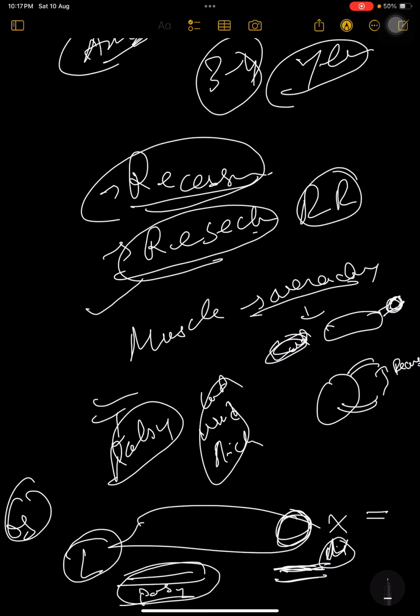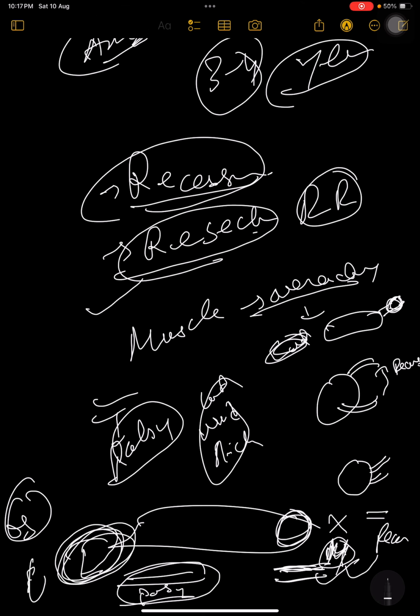If the medial rectus is inserted here, you'll insert it slightly backwards. So this is a recession. And the lateral rectus is working very lazily. It's very tired. It's palsied. So what you'll do is you'll just cut and stitch.